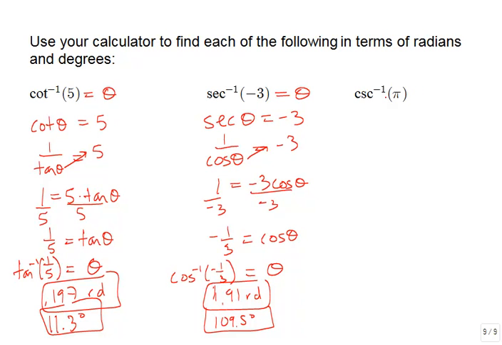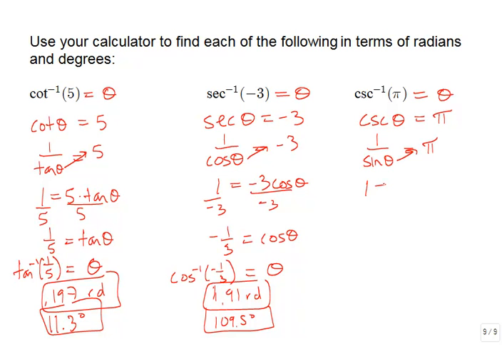Last one here, inverse cosecant of pi. If we call this theta, then this means that cosecant of theta is supposed to equal pi. Convert this into your reciprocal function, which would be sine, so 1 over sine of theta is equal to pi.